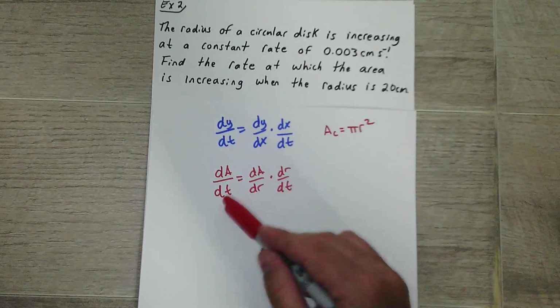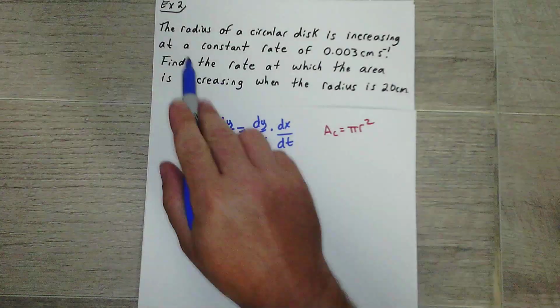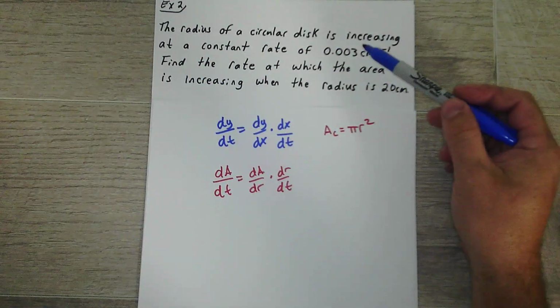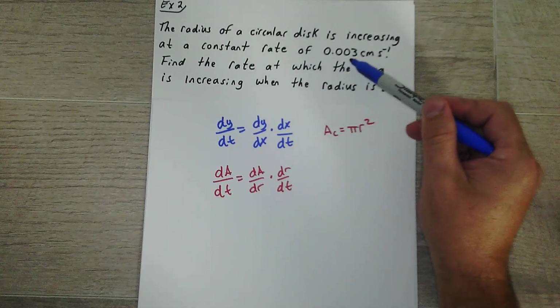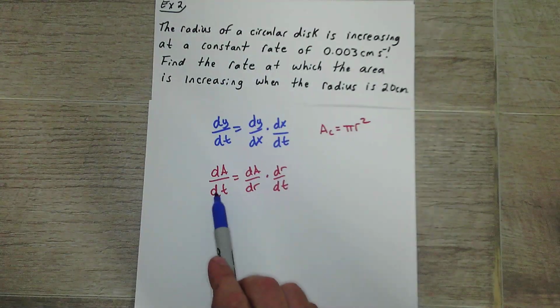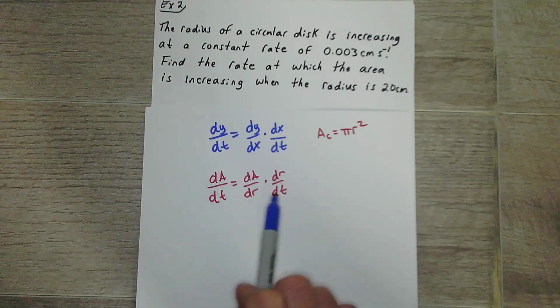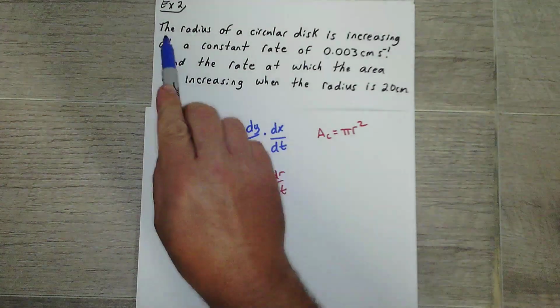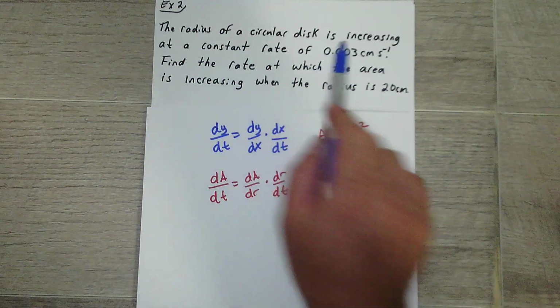And then one of these we're trying to find. Okay, so let's read this. A radius of a circular disc is increasing at a constant rate. Okay, so that's the value, but which one of these is the value of? Constant rate, so that's dt, so it's going to be one of these. Now we're talking about rate of change of area or rate of change of the radius. Well, the first two words are the radius, so the radius has a rate of change of this.